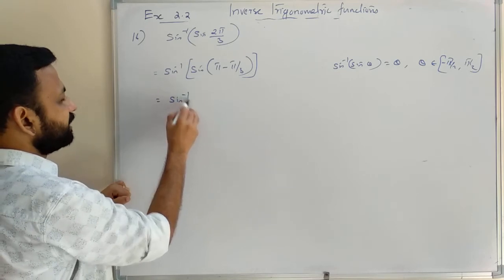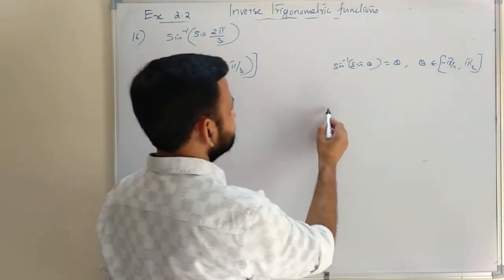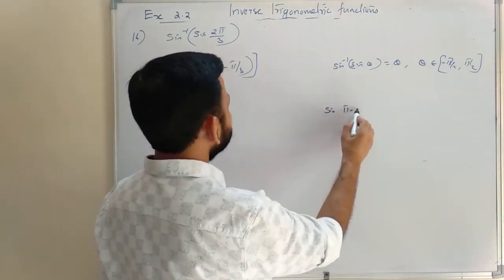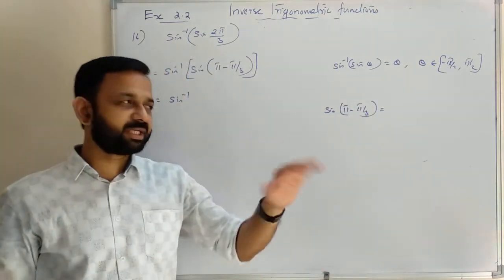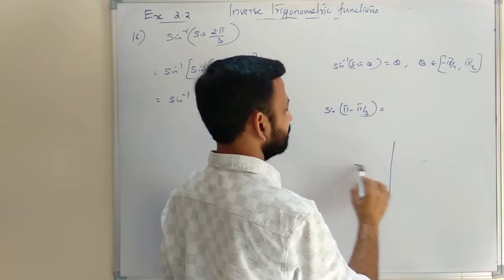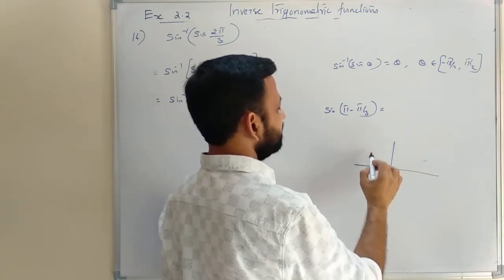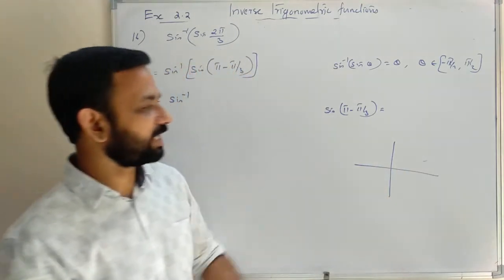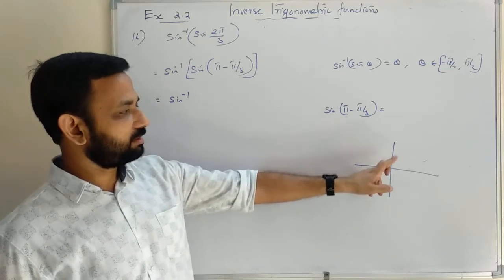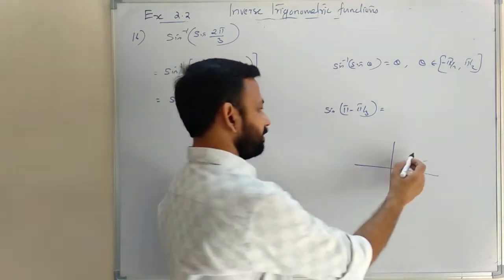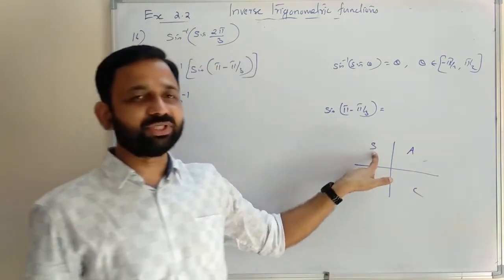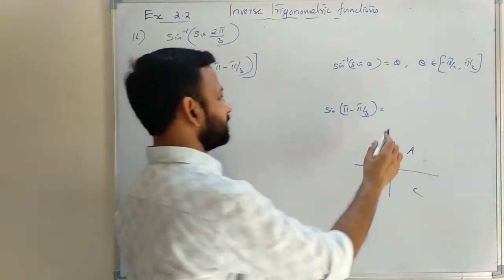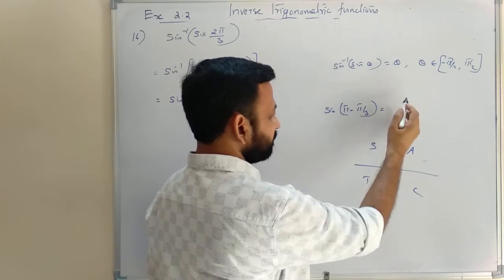That is equal to sin inverse sin (π − π/3). π − π/3 is in the second quadrant. In the second quadrant, by 'all students take coffee', sine is positive. So sin (π − π/3) will be positive.